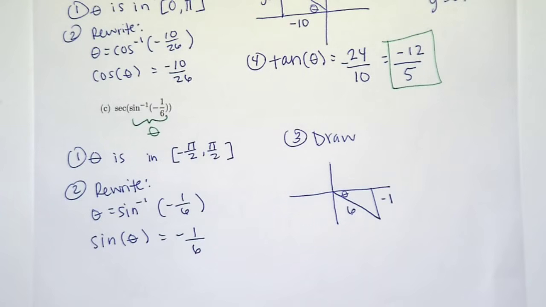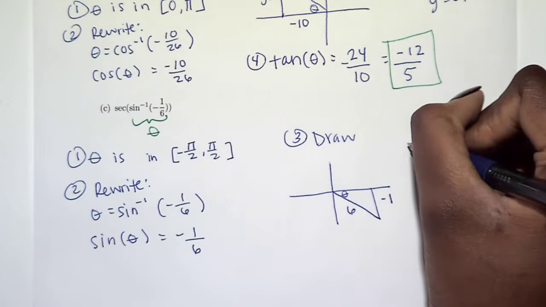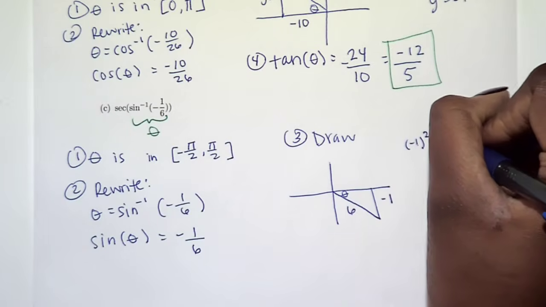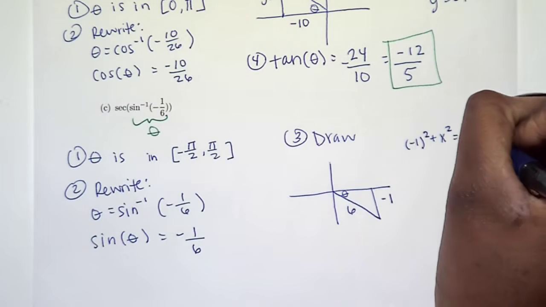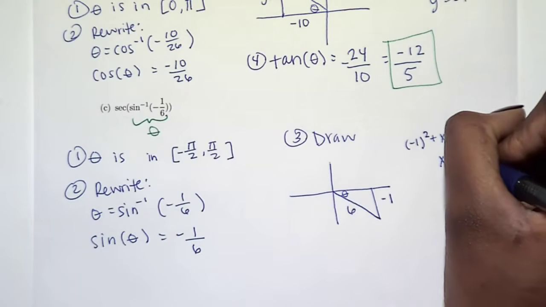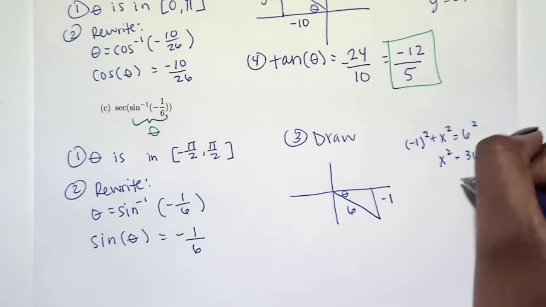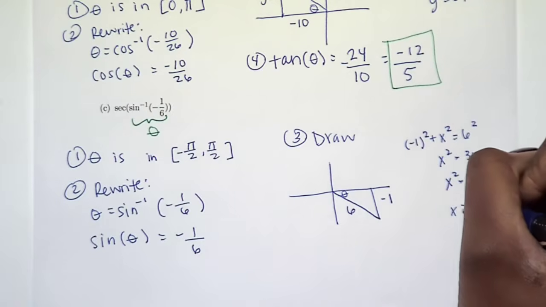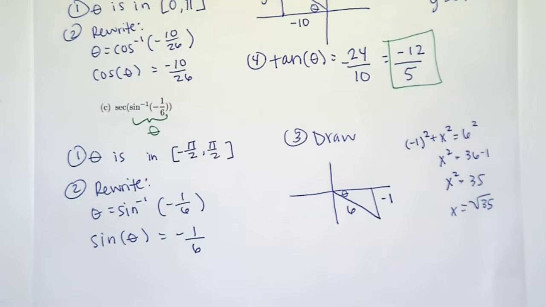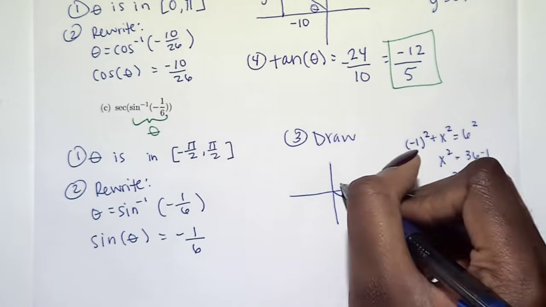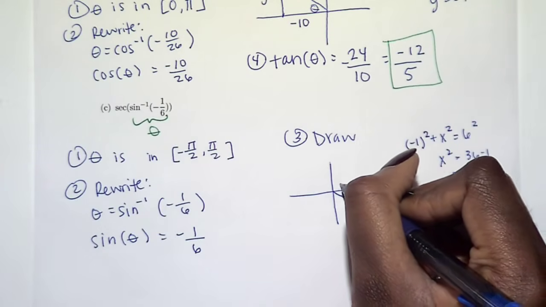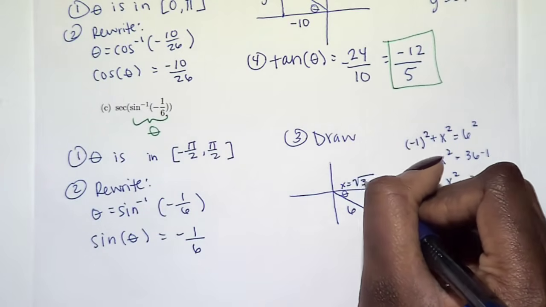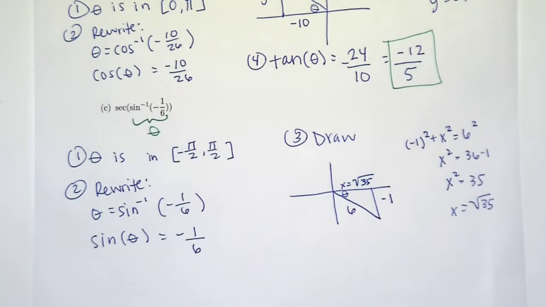Then we're going to use Pythagorean to help us figure out the other side length. So x is the square root of 35. All right, now we can answer the question.